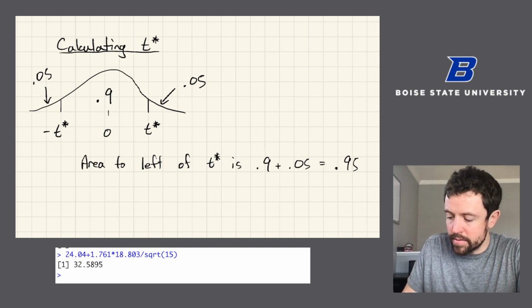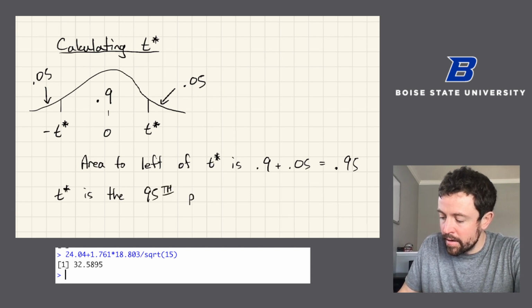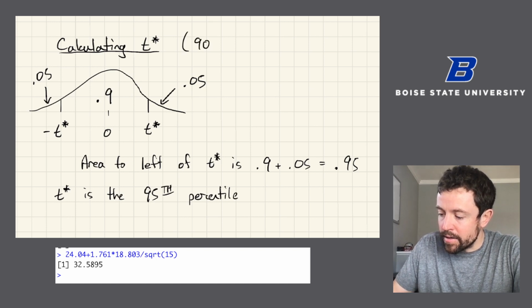Or in other words, T-star is the 95th percentile. And I should write up here, just to remind us, this is for a 90% confidence interval.